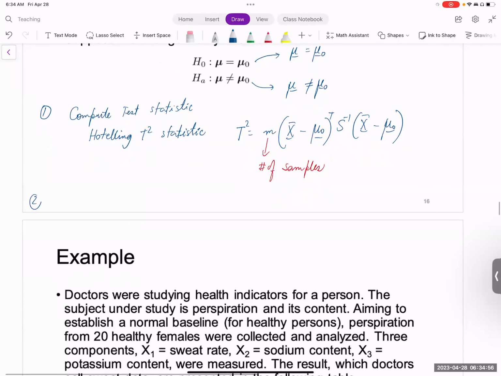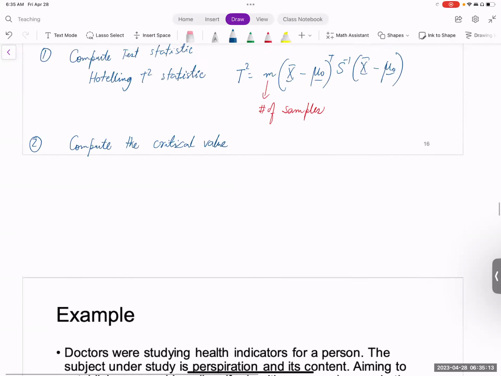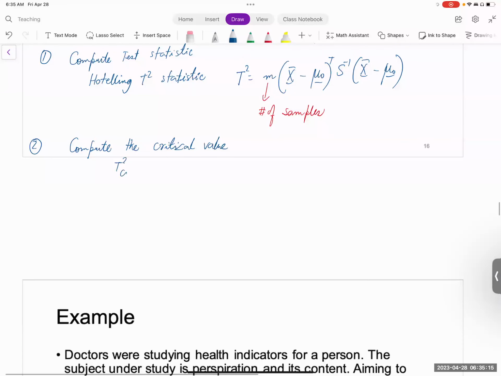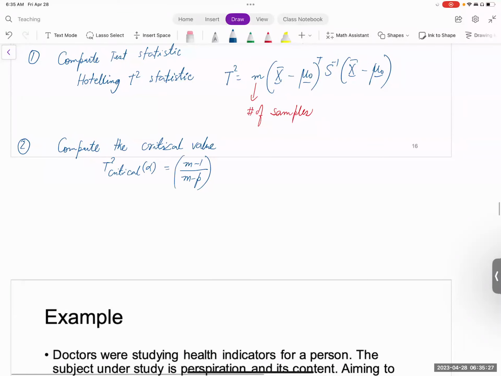Step number 2 is now you compute the critical value. Your critical value, t-square critical at alpha, is equal to m minus 1 divided by m minus p, times f of alpha, p comma m minus p.